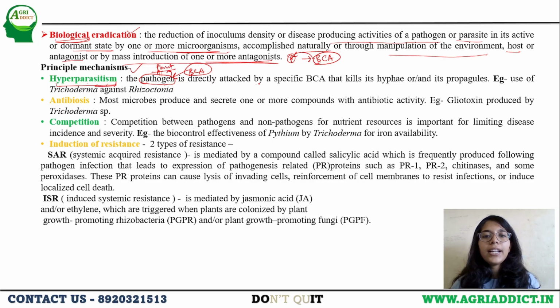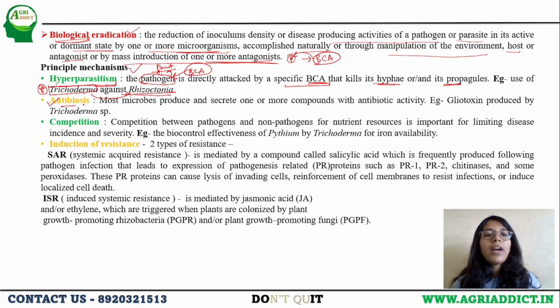The pathogen is directly attacked by a specific biocontrol agent, and this biocontrol agent kills the hyphae or its propagules. For example, Trichoderma, a very important biocontrol agent that is used against Rhizoctonia. Like Trichoderma, hyperparasitism, Rhizoctonia.